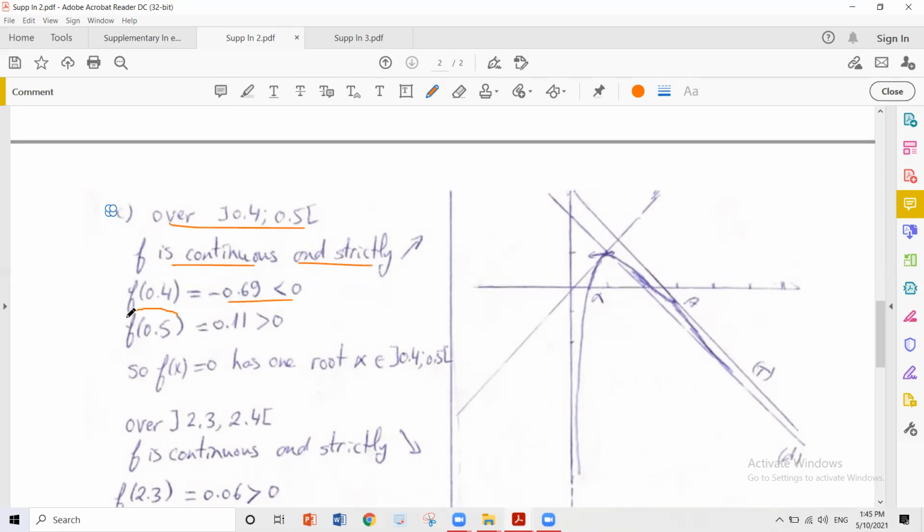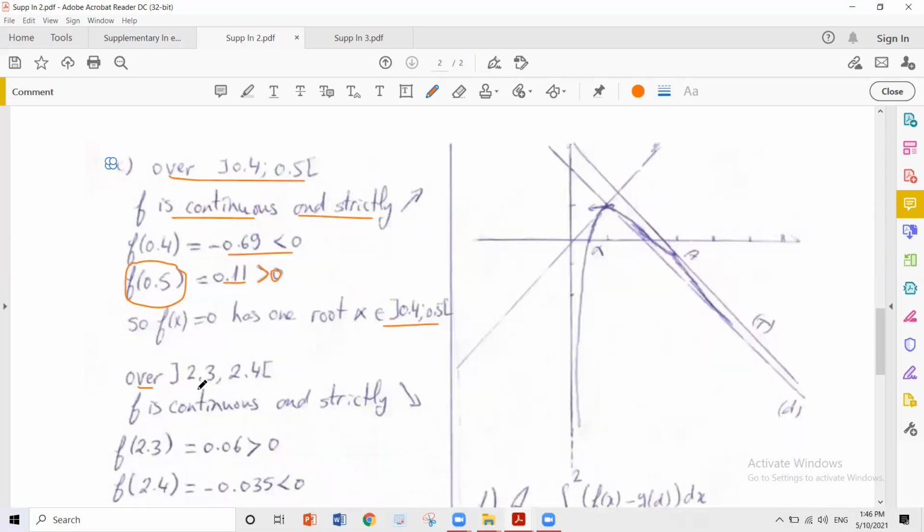F of 0.5 equals 0.11, which is positive. So f of 0.4 is negative, f of 0.5 is positive. So f(x) equals 0 has 1 root alpha belongs to 0.4, 0.5.